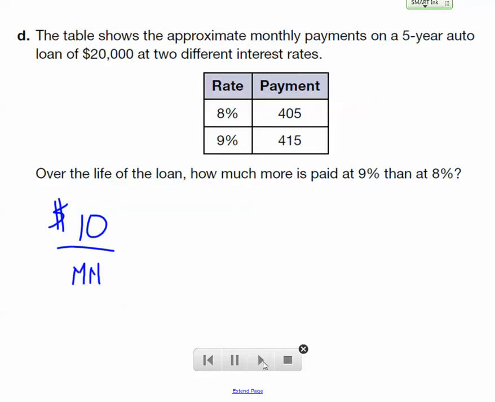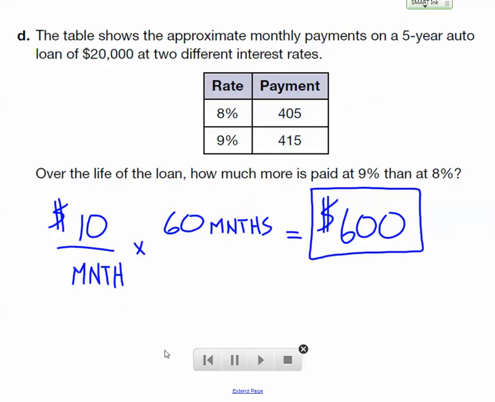Let's take a massive shortcut here. The difference is $10 per month over the course of 60 months. So it's going to be a $600 difference over the course of 5 years.